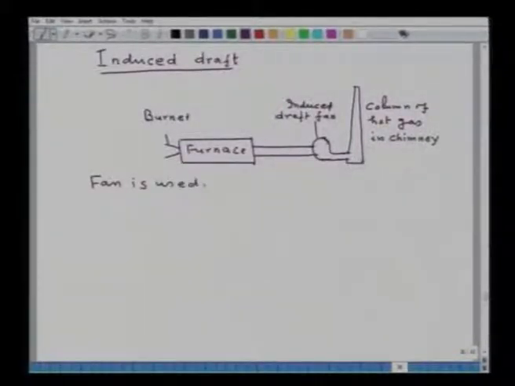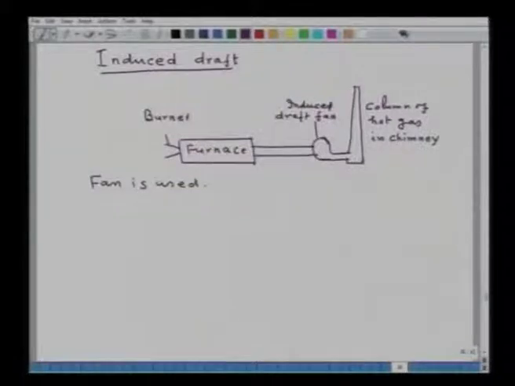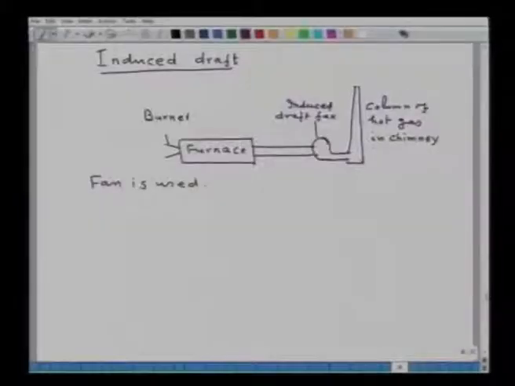It may be required to find out the capacity of the fan, the problems we have done. Now, increase in suction is available because you can run the fan, and hence heat exchangers can be used.